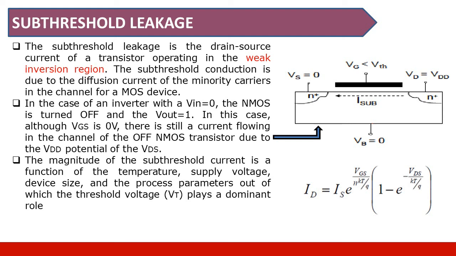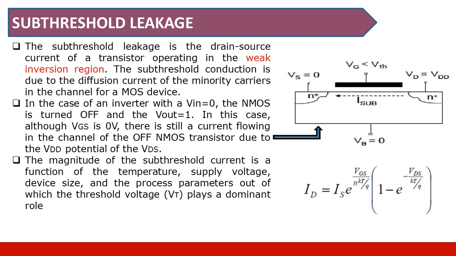This gate voltage is not sufficient to form a channel over here, but because of the high drain voltage, a very high lateral electric field develops, and that electric field is so high that it starts the conduction of current from drain to source, and that is known as a sub-threshold current. Because this region, the weak inversion region, is known as the sub-threshold conduction region. So basically the device is off but still the conduction is happening.